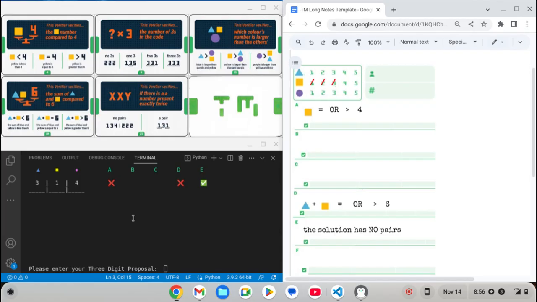So notice criteria card A is still outstanding. It could be either a 4 or 5. We did not test criteria card B, letting us know how many 3s there are. We didn't test which one could be the largest. And it is still a bit outstanding, criteria card D, the sum of the first 2 digits.